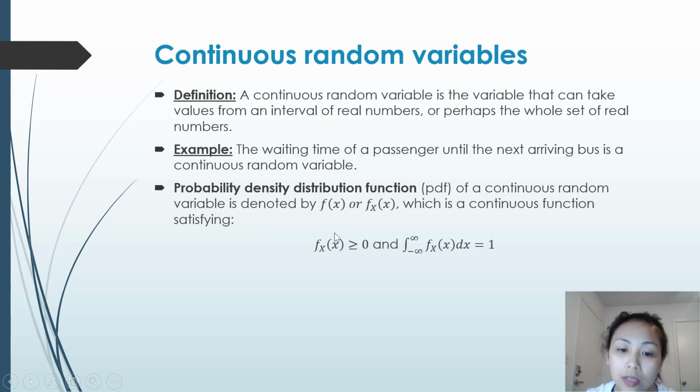The first property is that the PDF at any possible value should be greater than or equal to 0, and the second is that the integral from negative infinity to infinity is 1. Here, one thing you really need to pay attention to: the probability at any single point is 0, because it's just one single point, there's no volume.